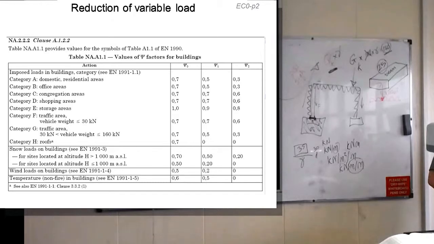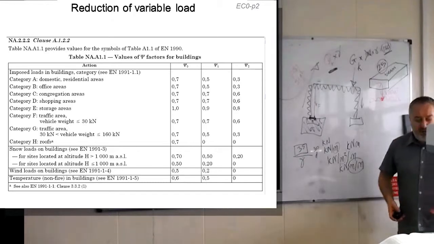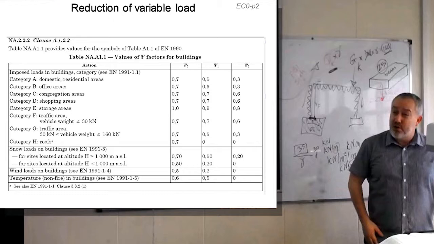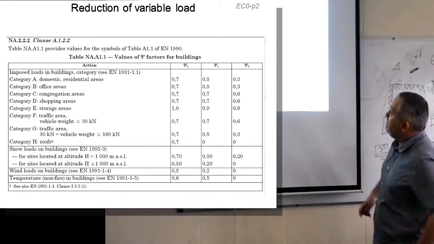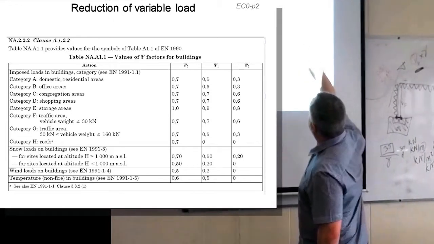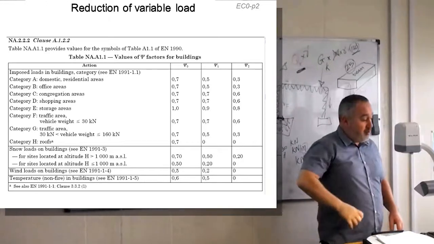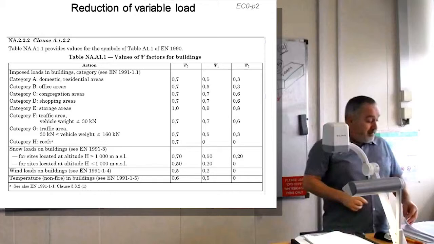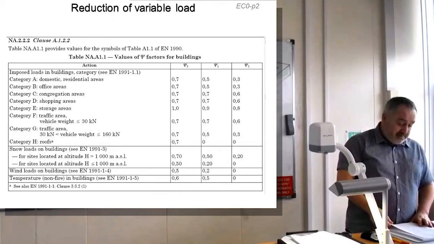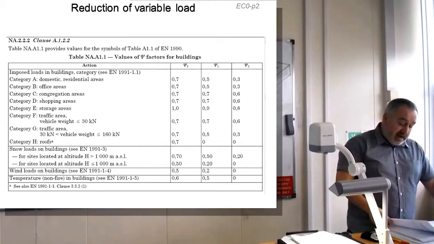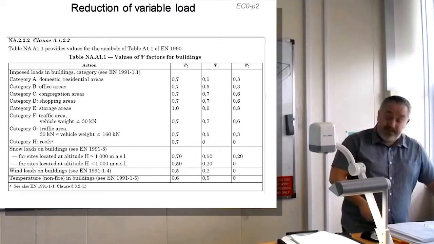The psi value is probably the only reason that you go to Eurocode 0. This is where you get your psi 0, psi 1, psi 2. Psi 2 is sort of, I think that's mostly to do with snow, permanent snow in other countries. You'll mostly be using psi 0 and psi 1, and you'll see when to use it.